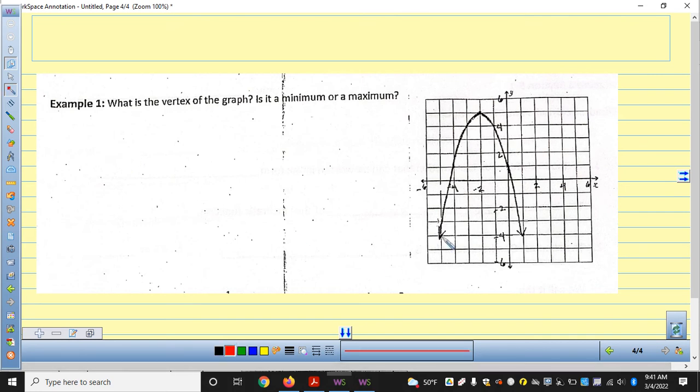Here, I'll trace it in red so we can see it a little better. There's our parabola. It says, what is the vertex, and is it a maximum or a minimum? So everybody think about that. What you're looking for is a coordinate, an x and a y.